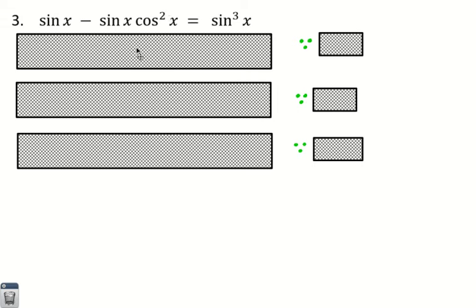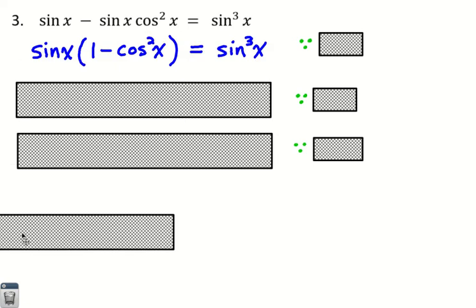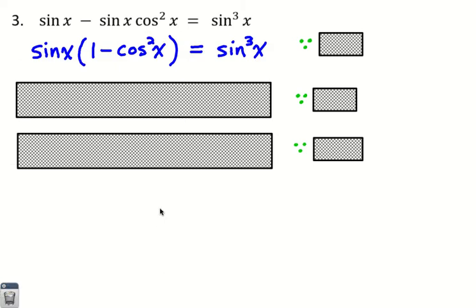But I think what I did instead was notice that both of these terms have a sine of x, and you can factor it out as a GCF. So the quick code is GCF, if what you're really doing is rewriting it by factoring a GCF. That's another algebra trick you have up your sleeve to rewrite pieces of these identities: factoring.